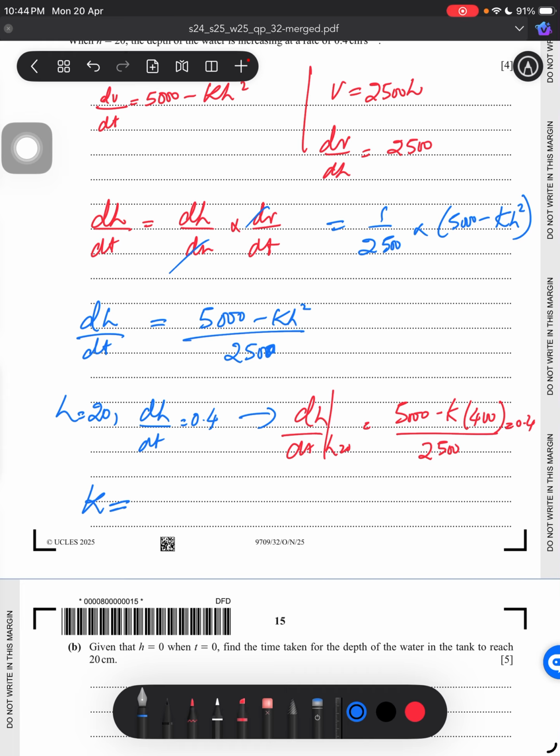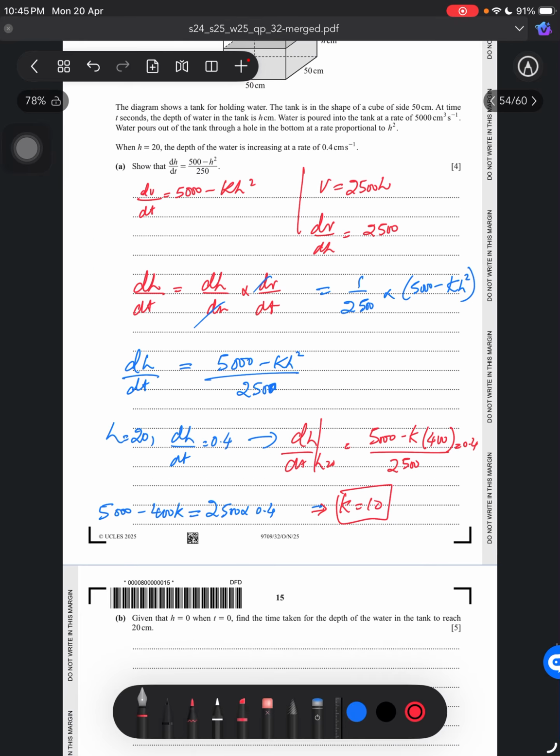Let's use some simple math before going to the calculator. We'll just have 5000 minus 2500 times 0.4, and directly we get the value of k is equal to 10.